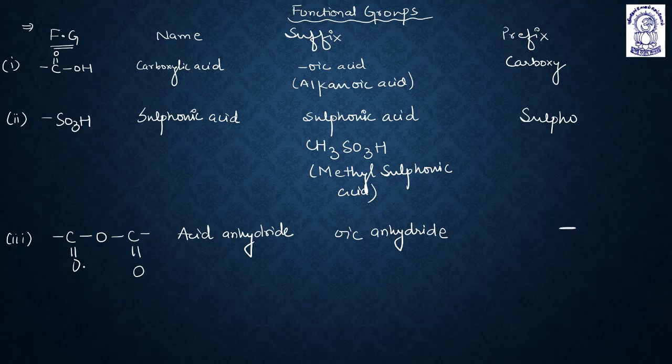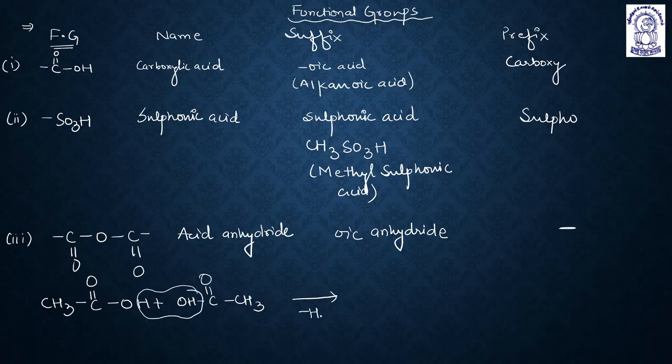Now, an example of acid anhydride: you take two acetic acid molecules. Acid anhydride is basically a condensation product of two same or different carboxylic acid molecules. They condense to release water to form an anhydride linkage.